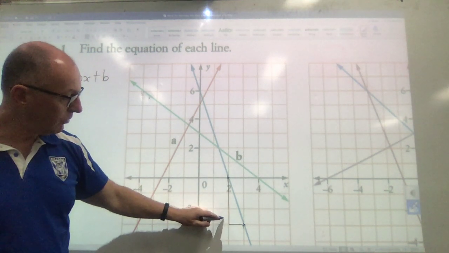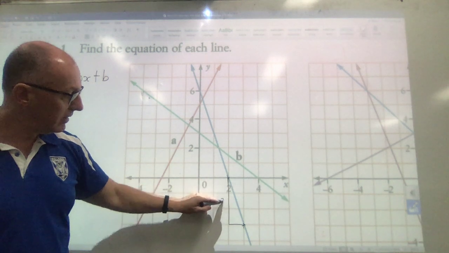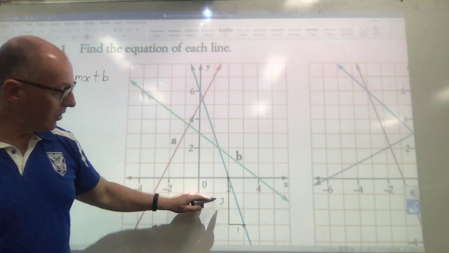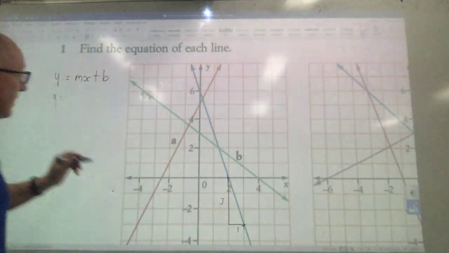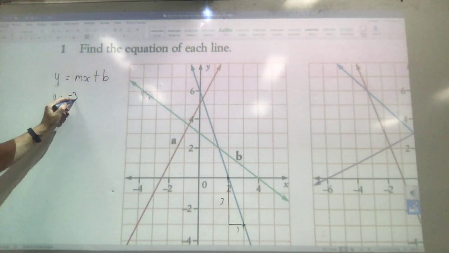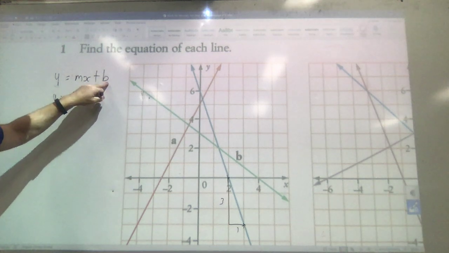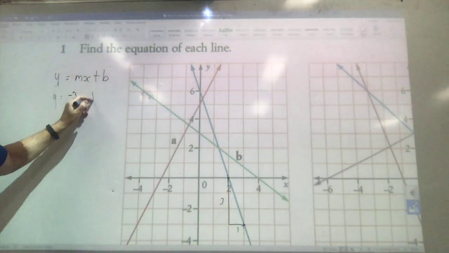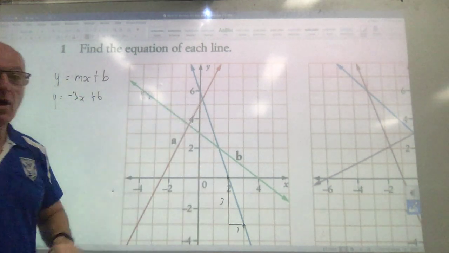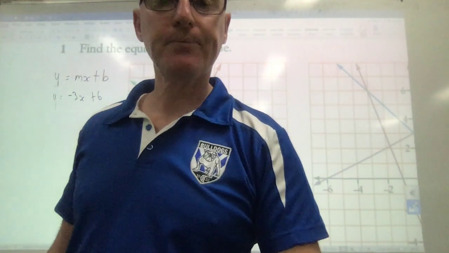The rise is 1, 2, 3. The run is 1. So 3 divided by 1 is 3, but the line is going down, so it's negative 3. Negative 3x plus b, plus the y-intercept, which is 6, plus 6. And there's the equation of that line there.